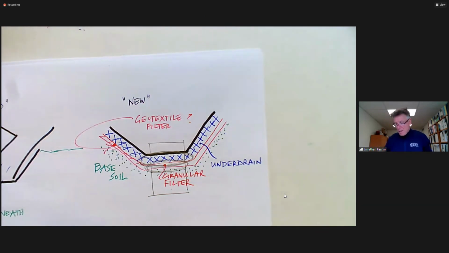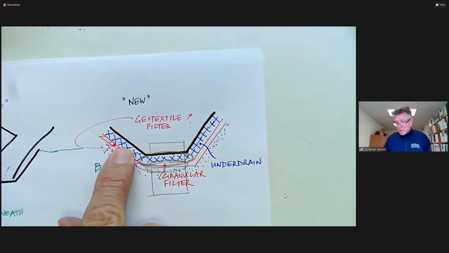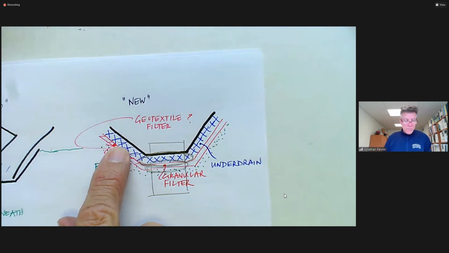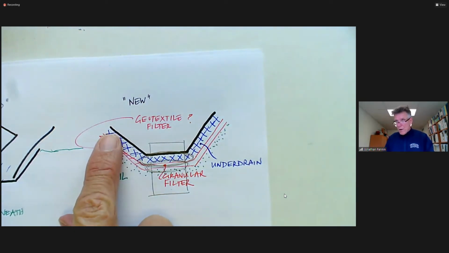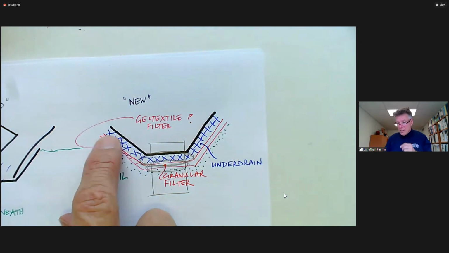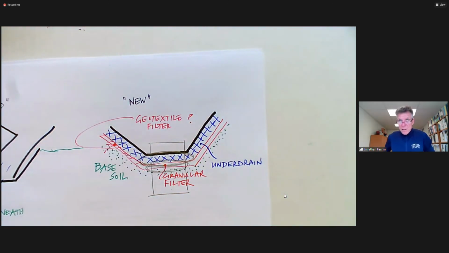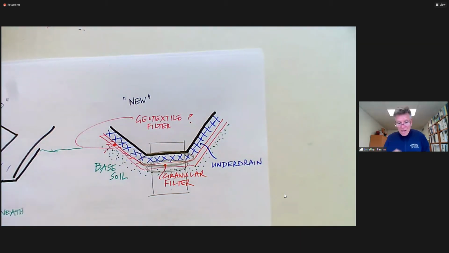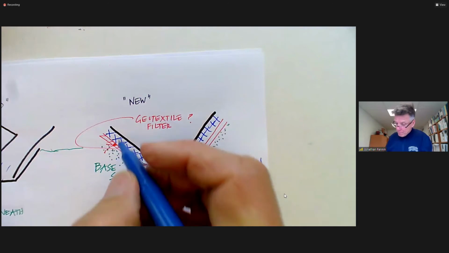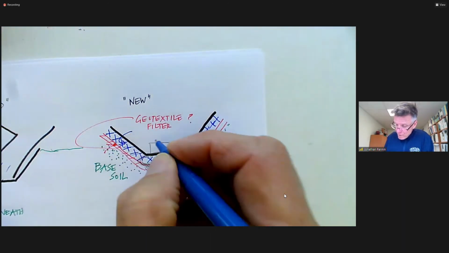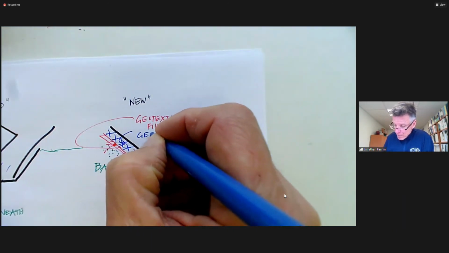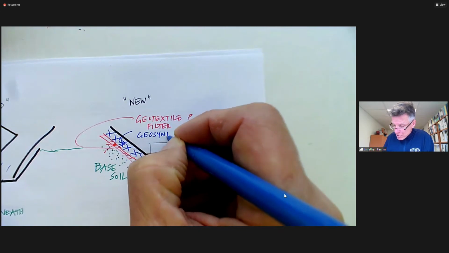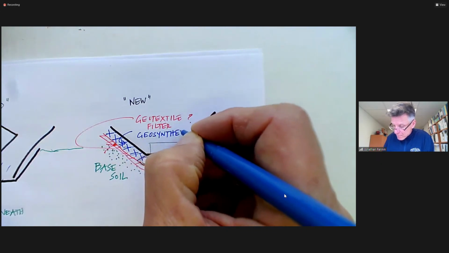Okay. And indeed, might we have to look at another form of drainage medium to go up behind the inclined cast in situ slabs of the spillway? Might we have to look at a geosynthetic underdrain? We don't know quite what it's going to be, so we won't give it a name other than another geosynthetic material.